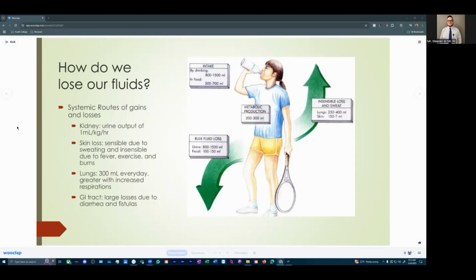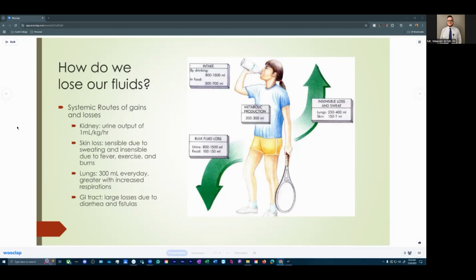Some of the ways that we lose it have to do with general metabolic uses, making proteins, doing normal metabolism things. A lot of the bulk fluid is going to be through urine, most urine output being somewhere in the neighborhood of 1 to 2 liters a day. And then we're going to lose some in our stool, as well as some things we can't sense.